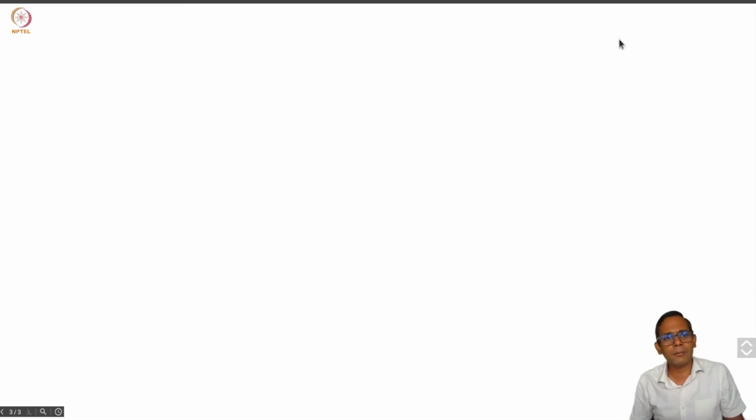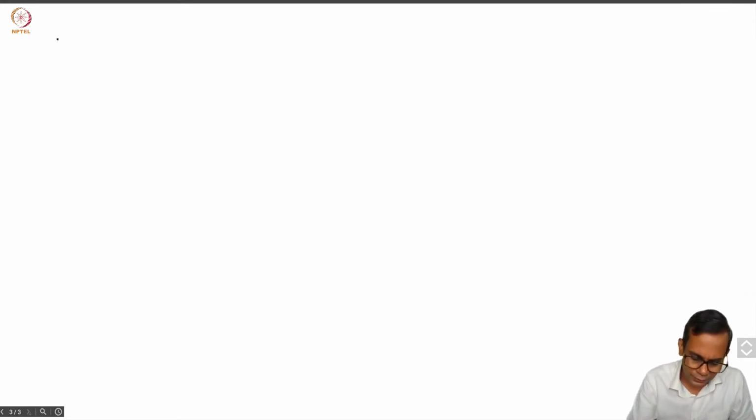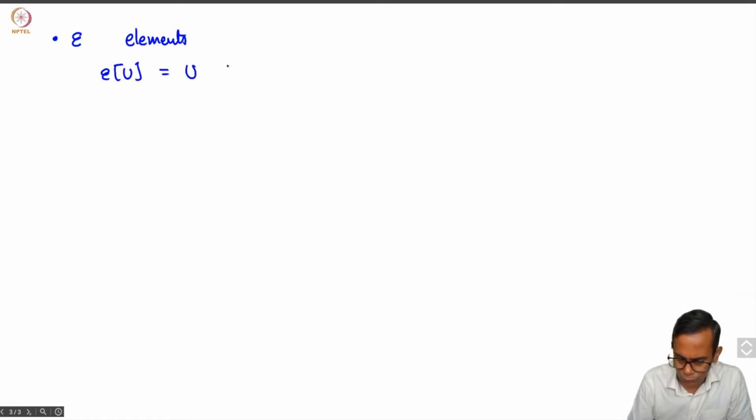Now let's look at some of the species that we had defined by what I call direct definition. So there's the species epsilon, which is just the species of elements. This was defined as epsilon of U is just equal to U for all finite sets U. And so epsilon_n here is just going to be n.